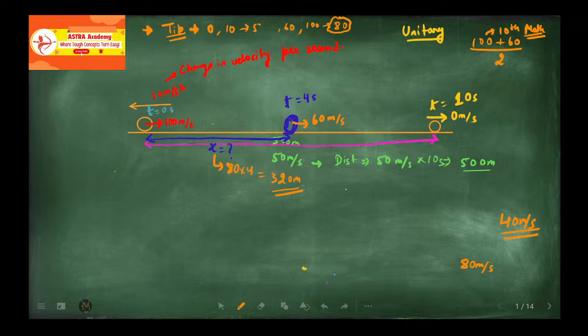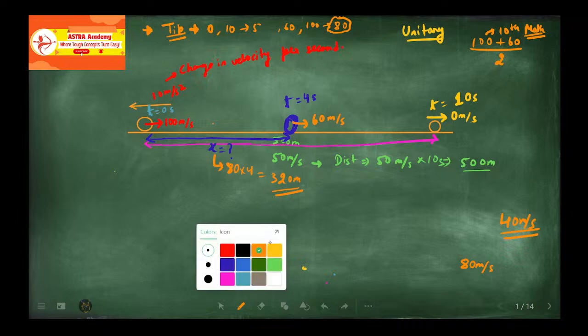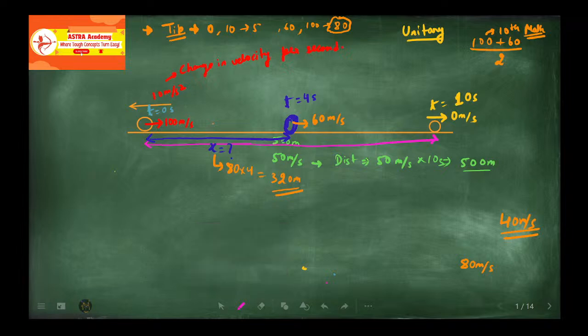It is very easy. Yes or no? Suppose somebody asks me, what is the distance of this body at t = 6 seconds? Now you give me the answer in the chat box.